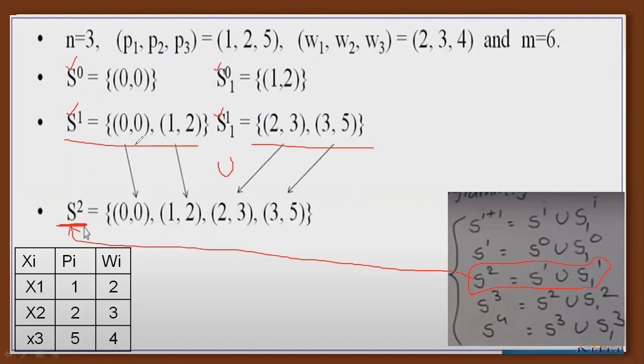So the union of S^1 and S^1_1, then only you will get the value of S^2. That means combine the pairs of S^1 and the pair values of S^1_1, and you can union both pairs, you will get S^2. So (0,0), (1,2), (2,3) and (3,5).